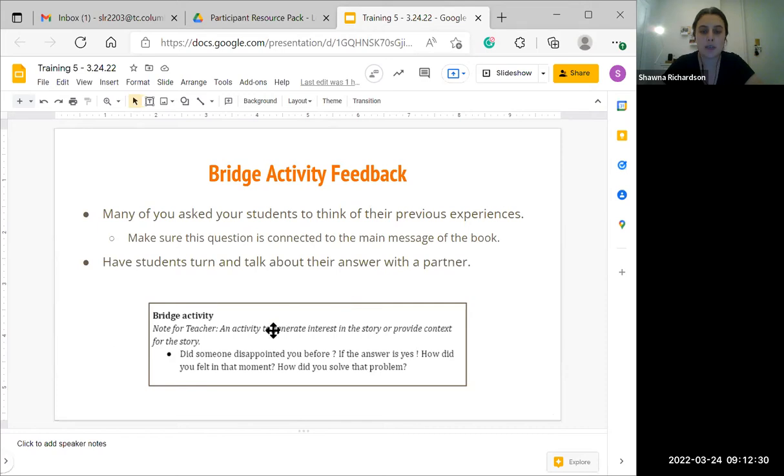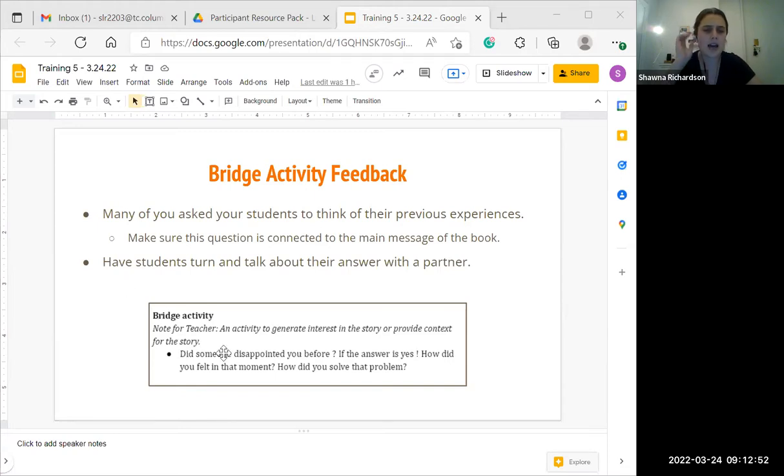But for example, here's one that someone submitted to us. They asked students if someone disappointed them before, how they felt about that and how they solved it. So this is a good way for students to start thinking about what the main theme or message of the story will be.